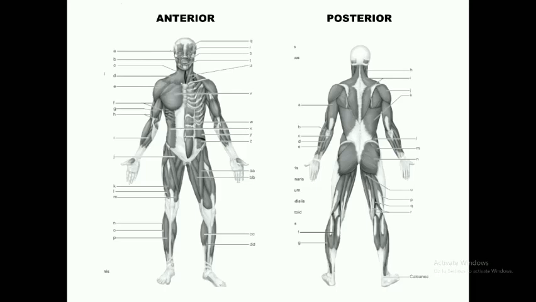That is the side of our head. So answer is A. Next, zygomaticus. Zygomaticus is located here. Where's the zygomaticus? Here. That is located in our cheekbone or in this face area.